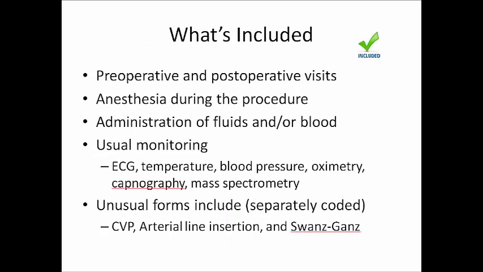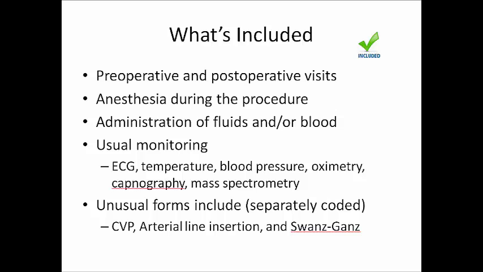So what's included in anesthesia are pre-op and post-op visits, of course your anesthesia during the procedure, administration of fluids and/or blood, and usual monitoring. That's going to be your blood pressure, your oximetry, your temperature.